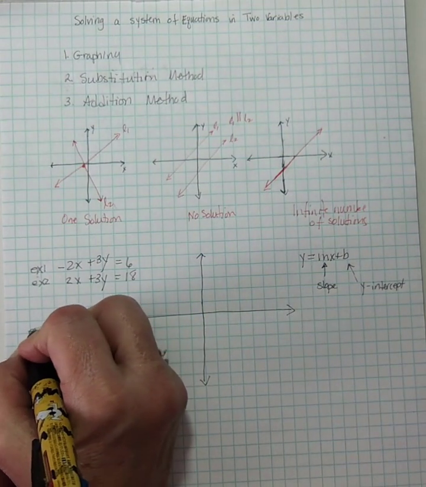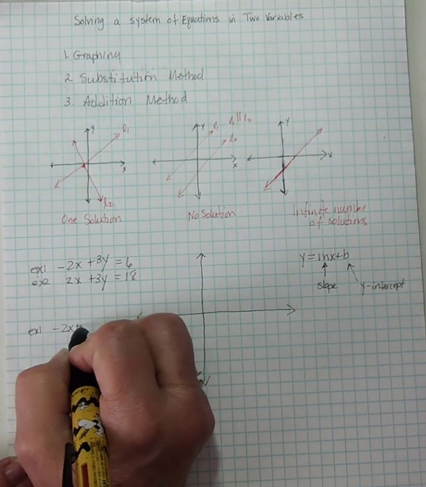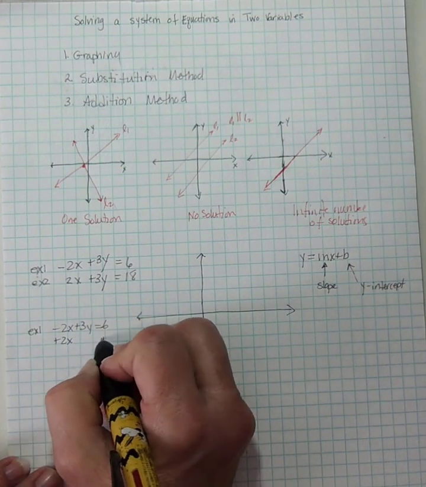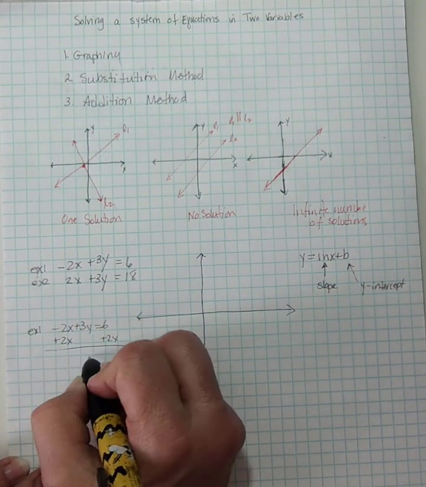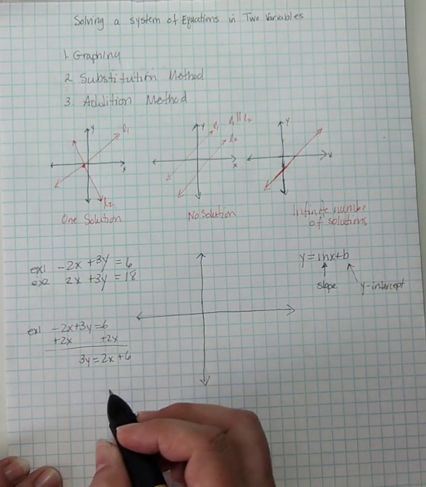So equation 1, I want to solve for y. I'd have to add 2x to both sides. I'd get 3y equals 2x plus 6.